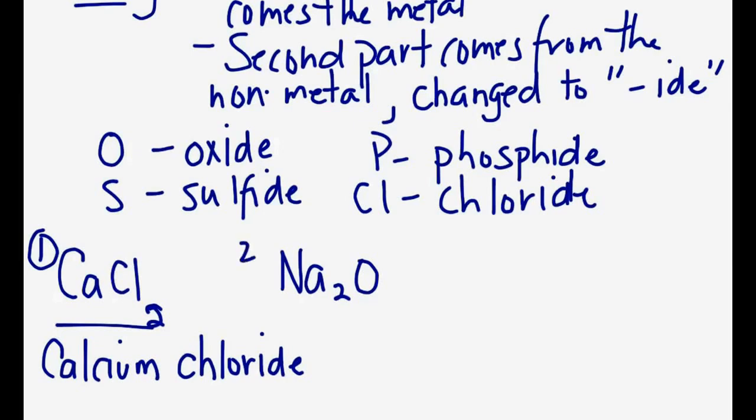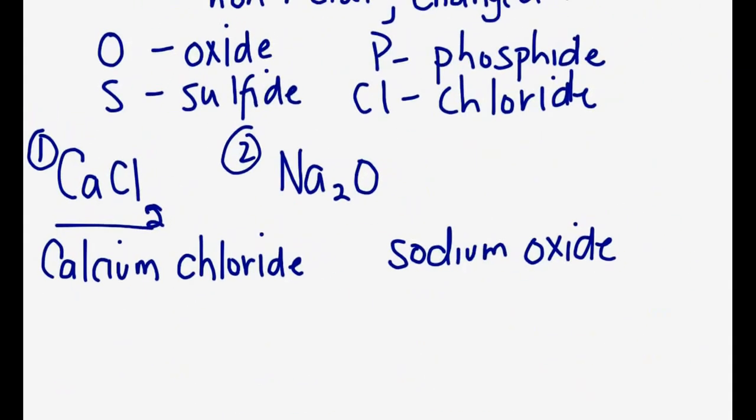The second compound is sodium oxide. There are absolutely no prefixes used in this type of naming. It's simply the metal ion followed by the nonmetal anion.